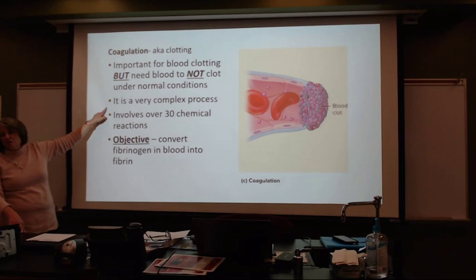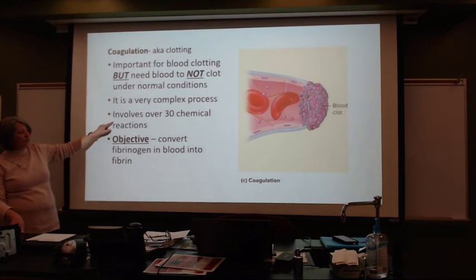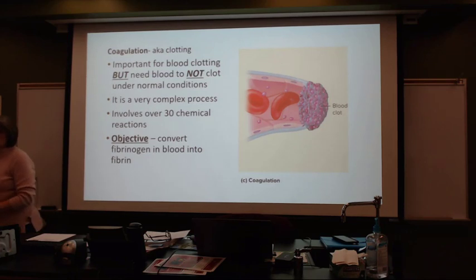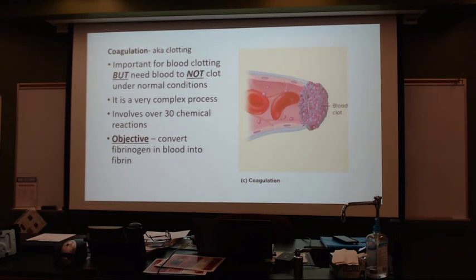The process is extremely difficult. There are over 30 chemical reactions that occur with the clotting factors. Your textbook, I think, is going to go into great detail over the clotting factors. I'm not going to get you to get into that great of detail, okay? But clotting factors are important.